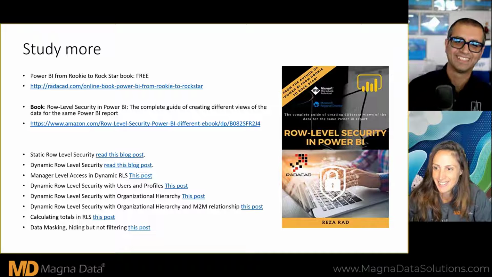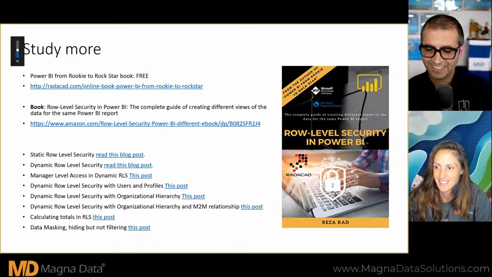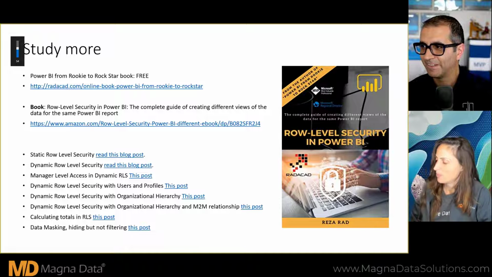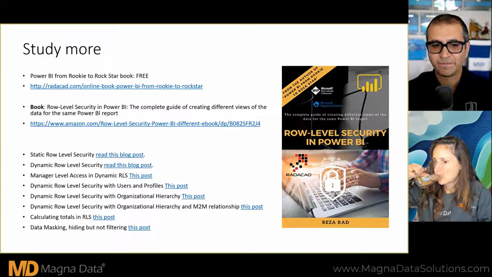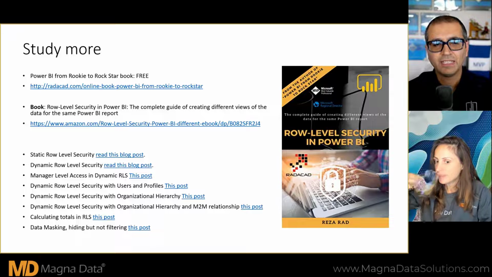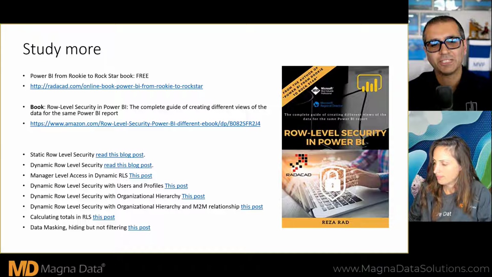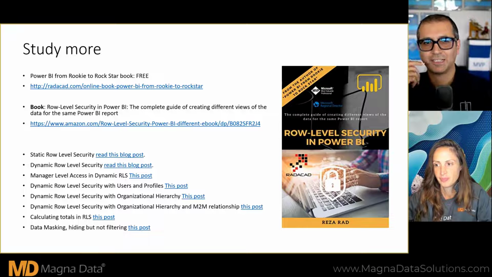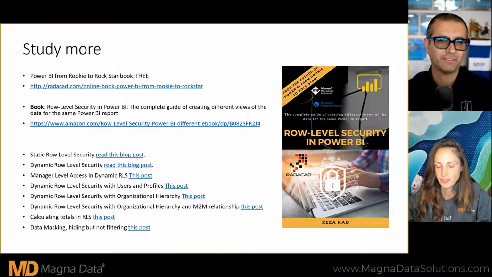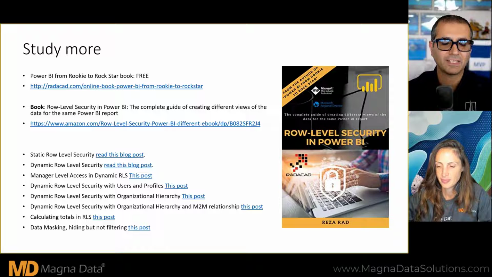So I have a question, Reza. So would object level security basically follow the same rules as row level security? Yeah, it is usually much simpler with object level security, because data rows change quite often. You get new records, new employees coming, lots of things changing.